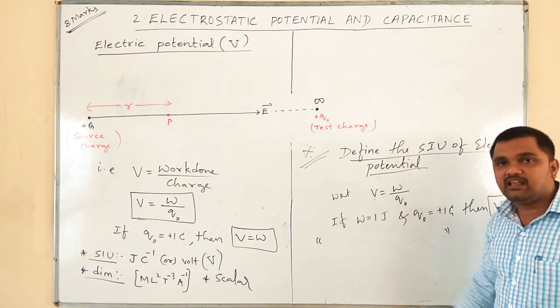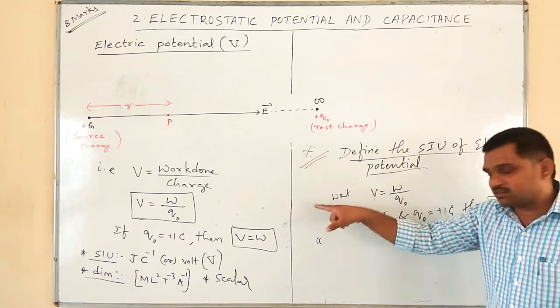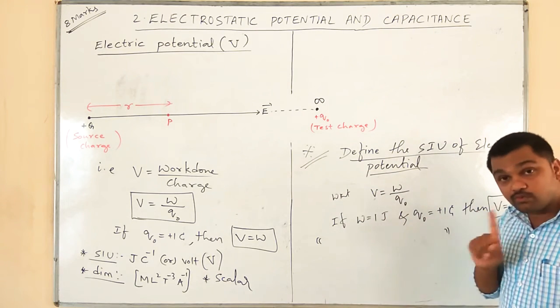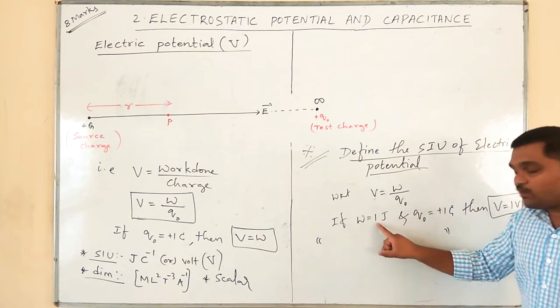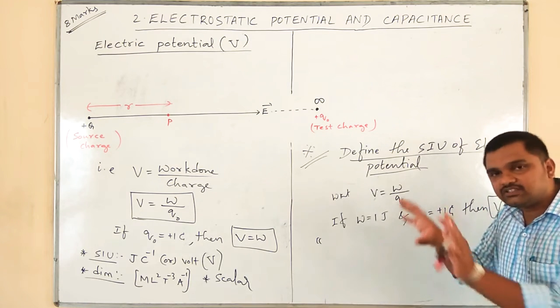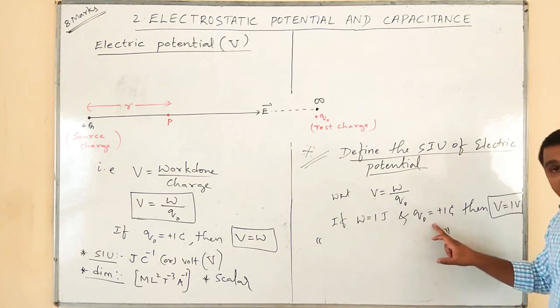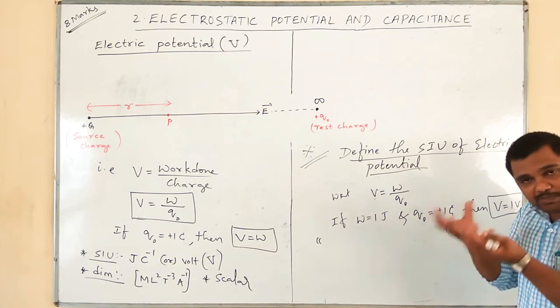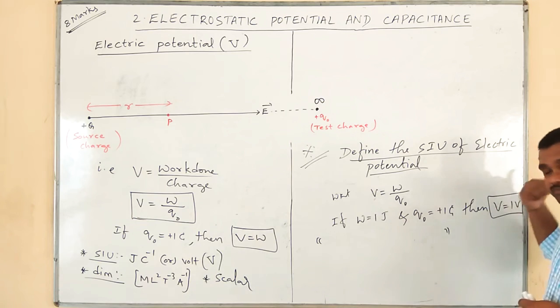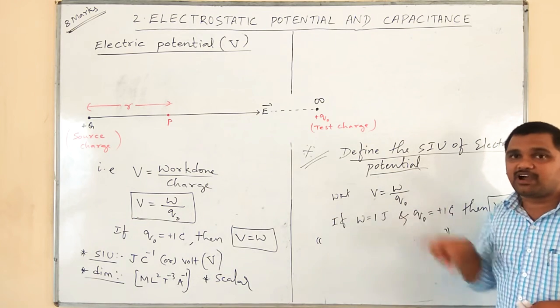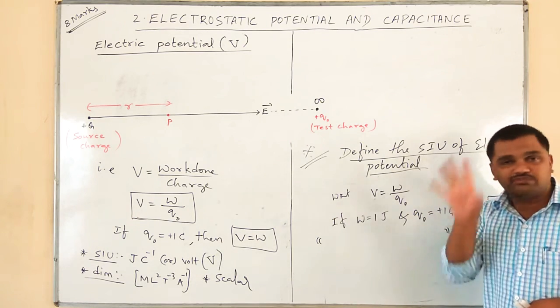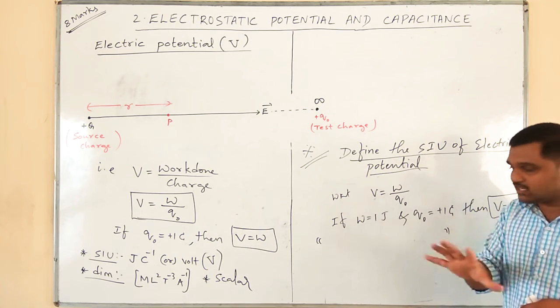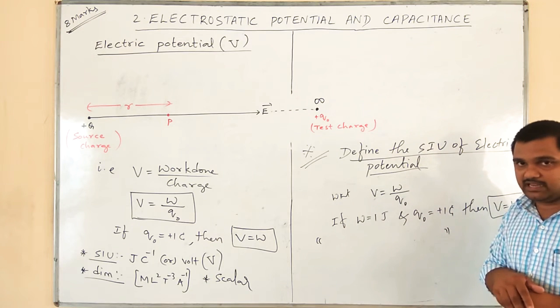Electric potential at a point in an electric field is said to be 1 volt if 1 joule of work has to be done in order to bring plus 1 coulomb of charge, otherwise a positive test charge, from infinity to that point against the field direction. Like that, you have to define.